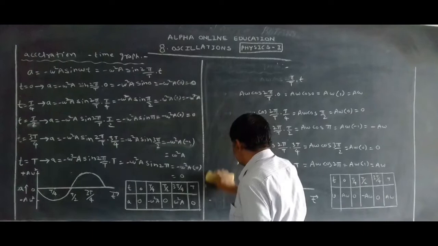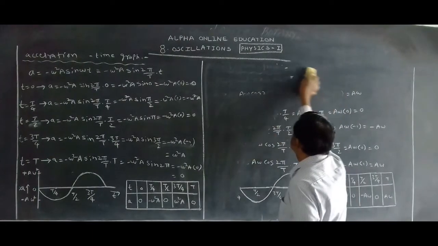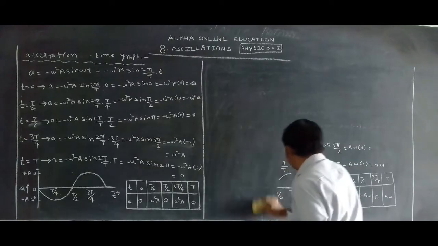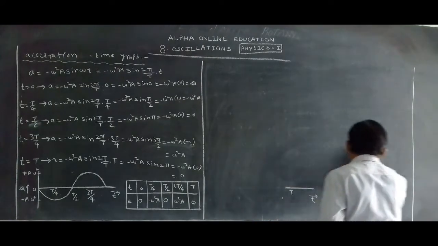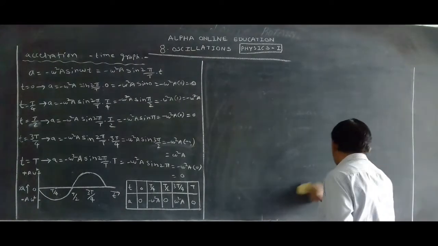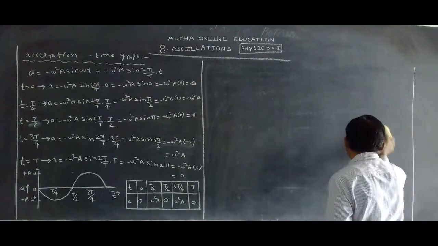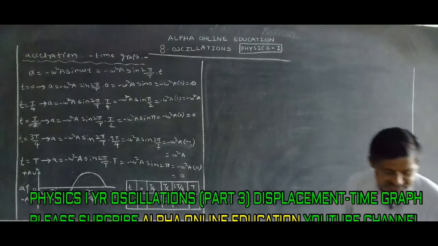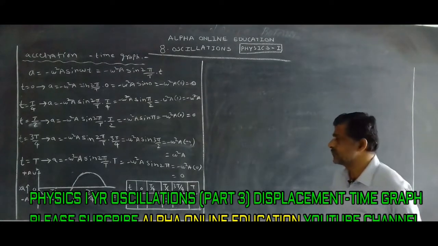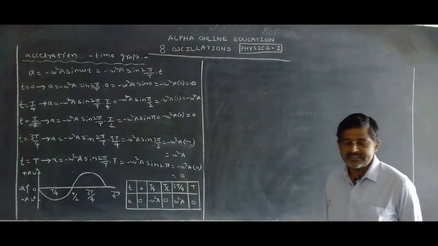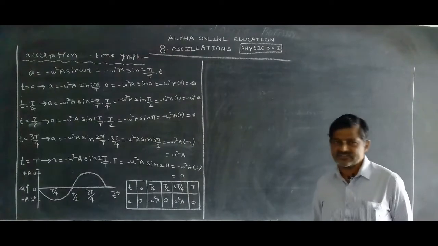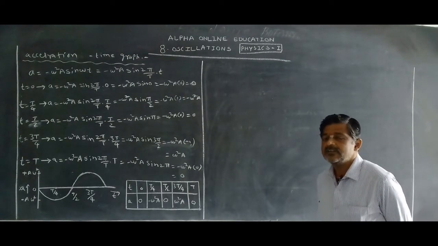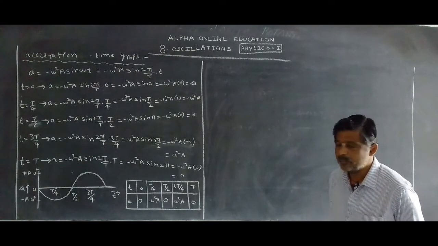This graph also shows that the acceleration is proportional to displacement but lies in the opposite direction. This is the condition when the particle lies in SHM. Displacement must be expressed as either sine or cos, but acceleration is proportional to displacement but acts in the opposite direction.